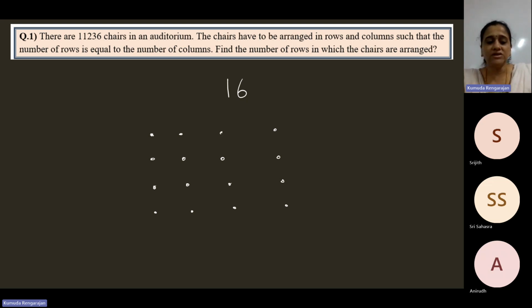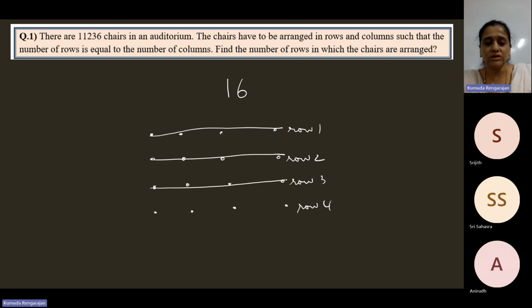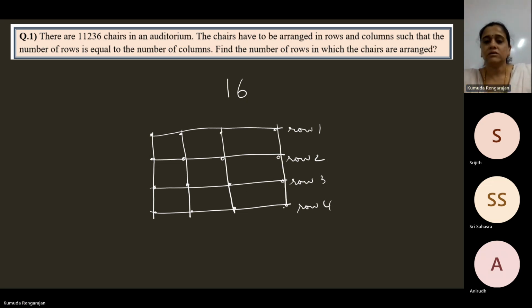See the number of rows: row 1, row 2, row 3, row 4. The horizontal ones are the rows. The vertical ones are the columns: column 1, column 2, column 3, column 4. So now the answer is 4.